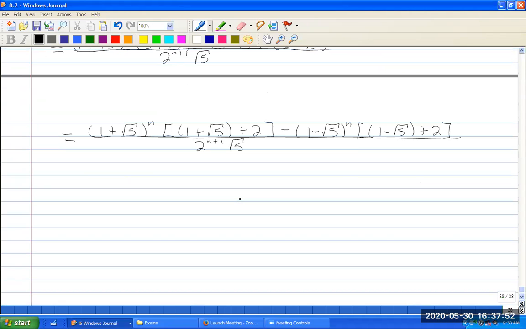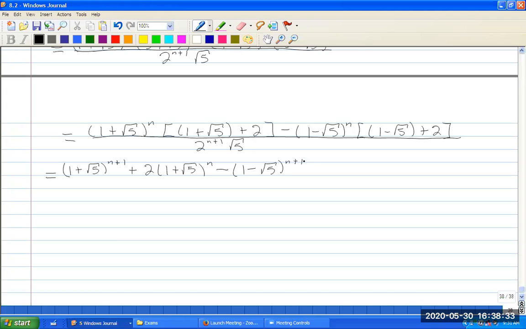And so this is equal to, well, I can just distribute the (1 plus rad 5) to the n inside. And so I get (1 plus rad 5) to the n plus 1 plus 2 times (1 plus rad 5) to the n, minus, let's do the same thing here, (1 minus rad 5) to the n plus 1.